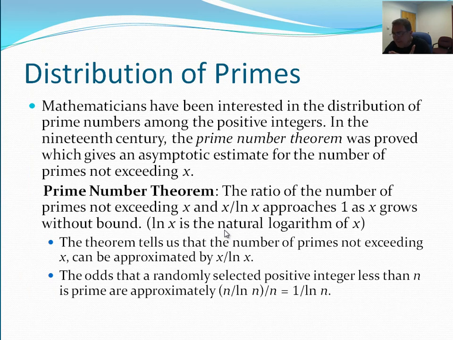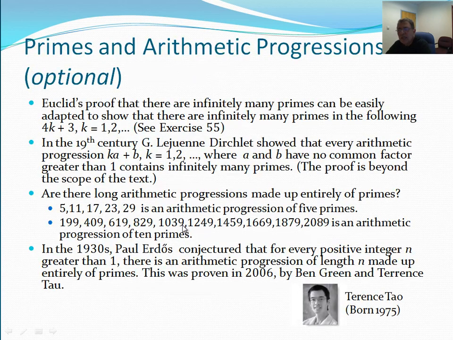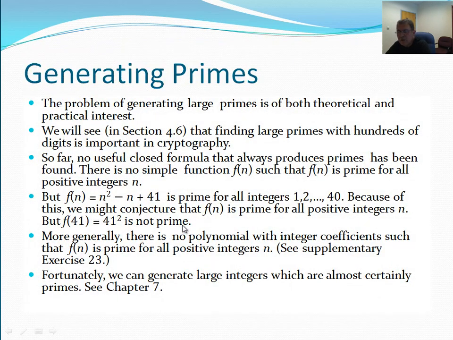For example, you have a number, let's say 100, and you want to know how many primes we have less than that. The theorem tells us that the number of primes not exceeding x can be approximated by x divided by the natural log of x. And that's all we need to know. I'm going to pass those.